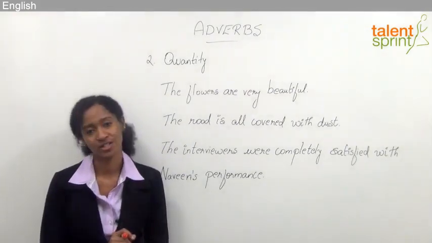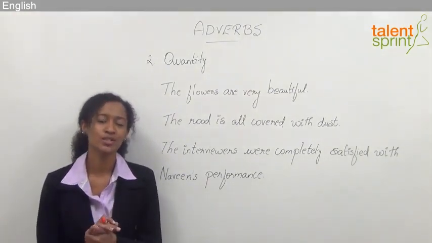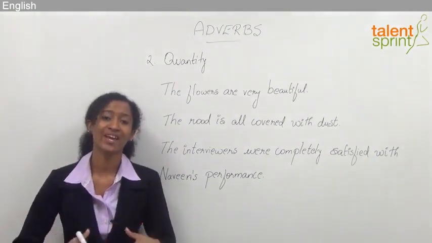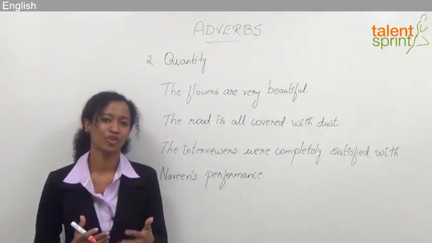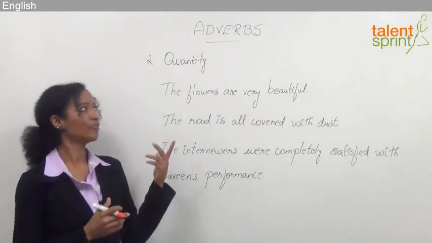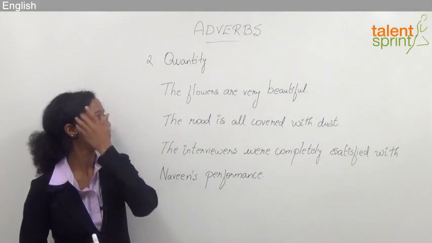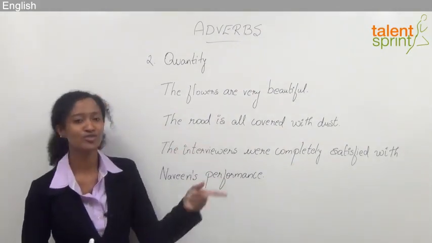Adverb of quantity. Now, a word that denotes the quantity or the degree of completion or the extent to which an action is performed or done is called the adverb of quantity. Let's understand that with some examples. The first one: the flowers are very beautiful.